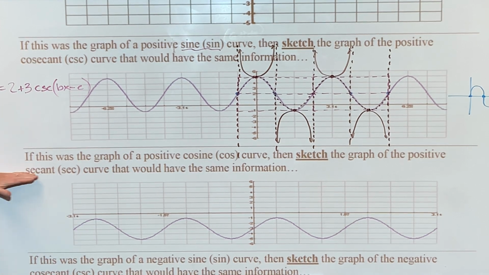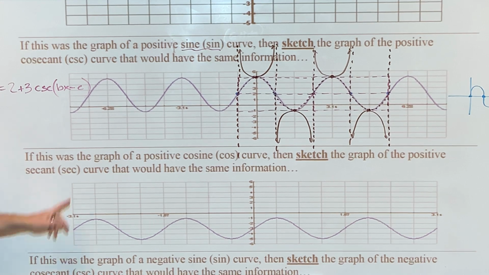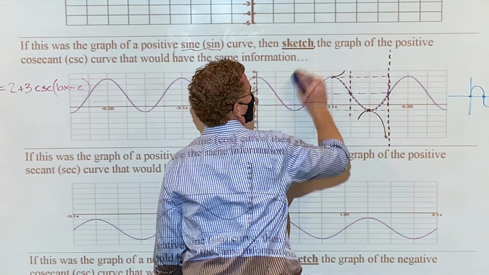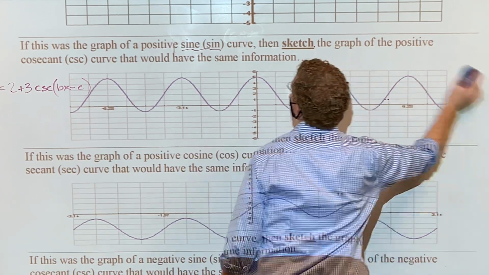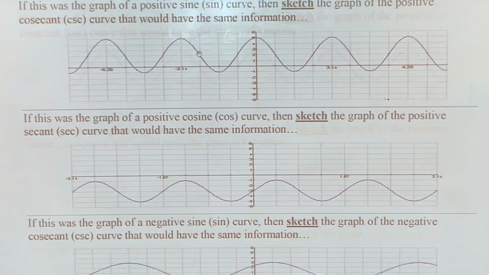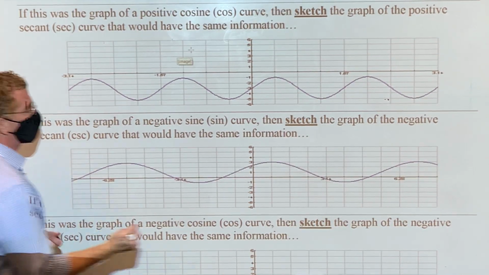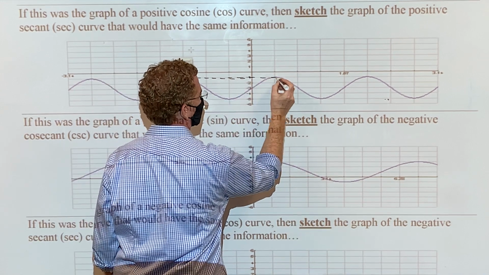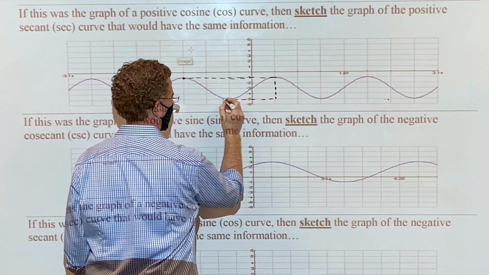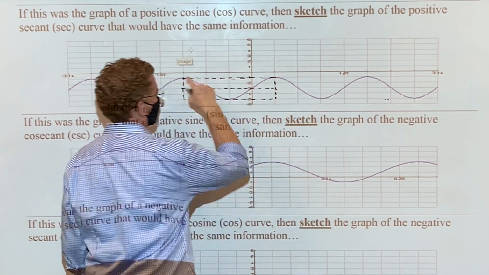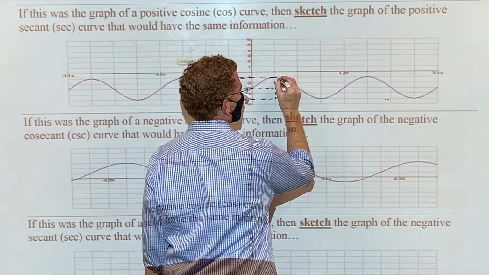And the exact same thing happens with secant. If I ask you to graph a secant curve, you're going to graph a cosine curve. So for instance, if this was a positive cosine curve right here, here's your positive cosine, maybe your box, or at least one of the positive cosines, where you went from high to high.